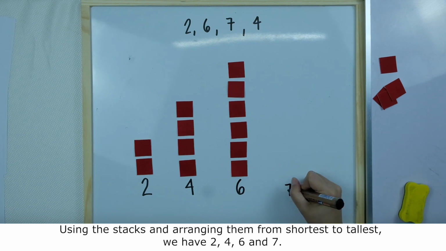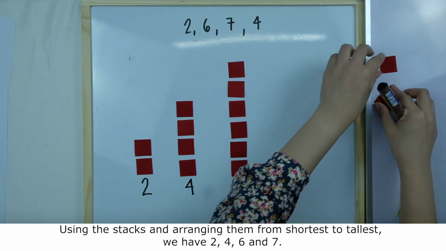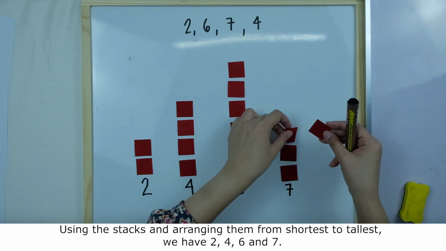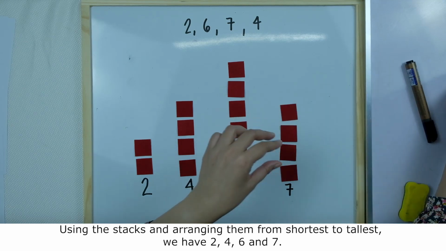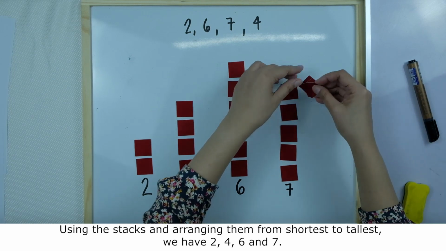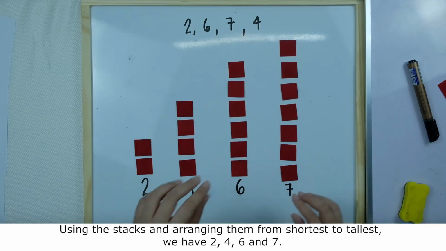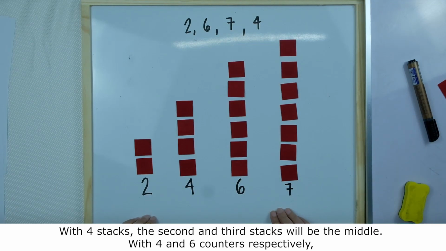Then our last stack, we will have 7 counters. 1, 2, 3, 4, 5, 6, 7. Now we have arranged them from shortest to tallest.